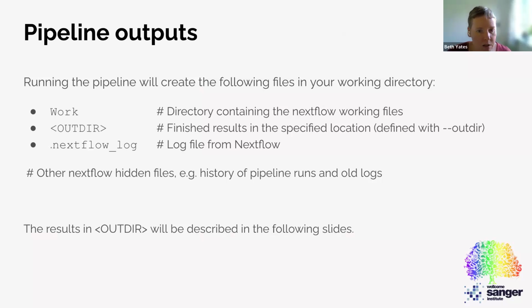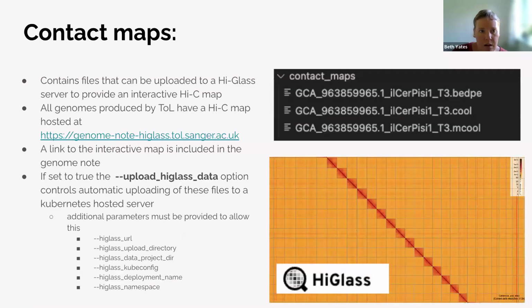You can find out if there are any errors with a step. The outdir will be where the results end up, so you can specify that. And the Nextflow log is just general logging information. So the results in the output directory are going to be described in the next slides.